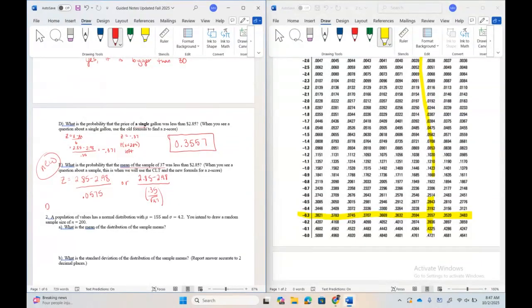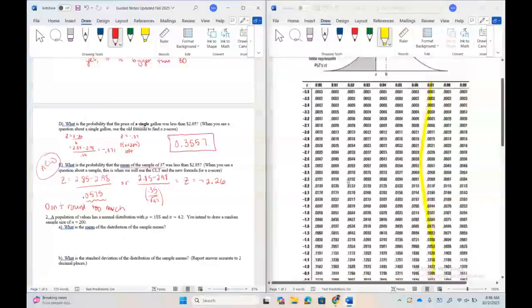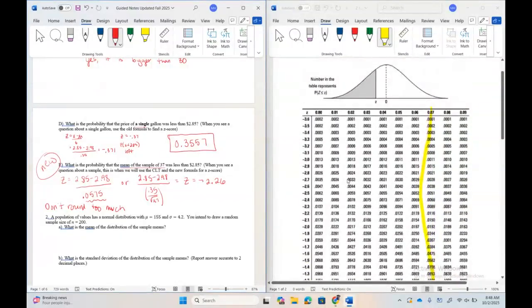One thing I will say is don't round too much in this process. Hold on to at least 4 decimal places if you are going to do it this way. Okay, so whatever route you take, you should get that Z equals negative 2.26. We're going to use the same table for Z. So I'm going up here to my table.